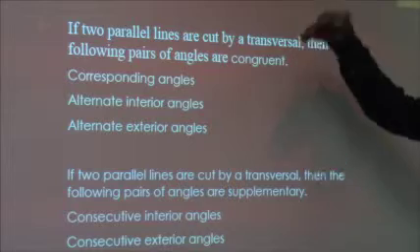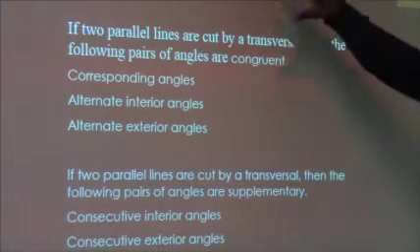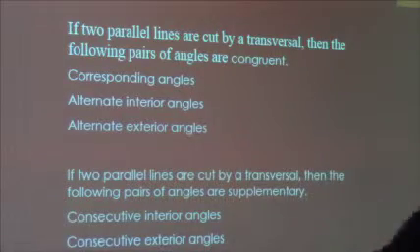Remember, corresponding angles, alternate interior, alternate exterior, they are going to be congruent, and these will be supplementary, meaning they add up to 180 degrees.